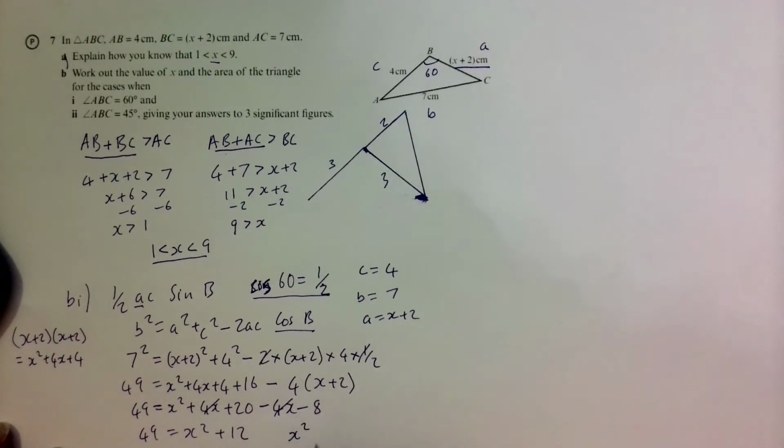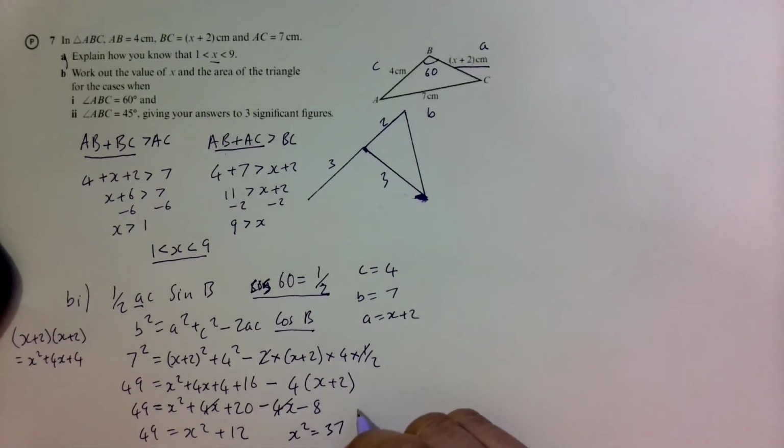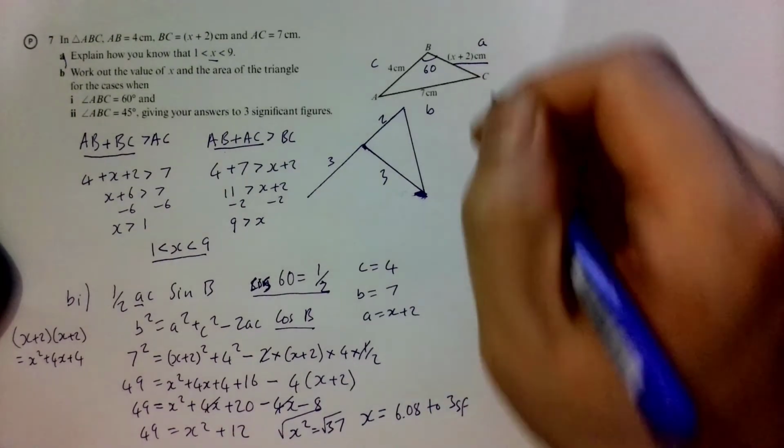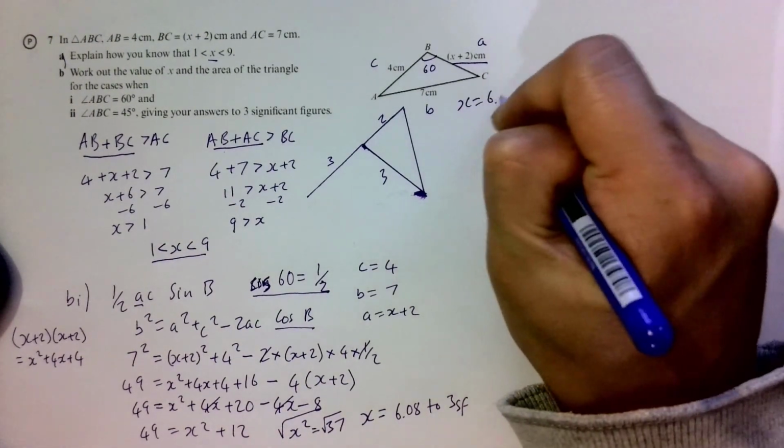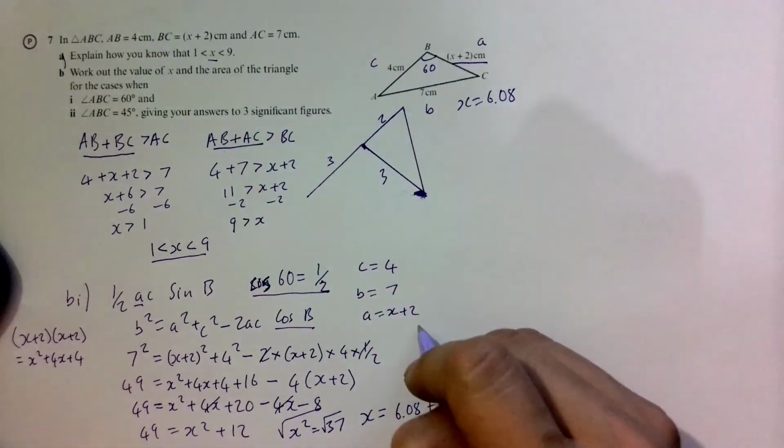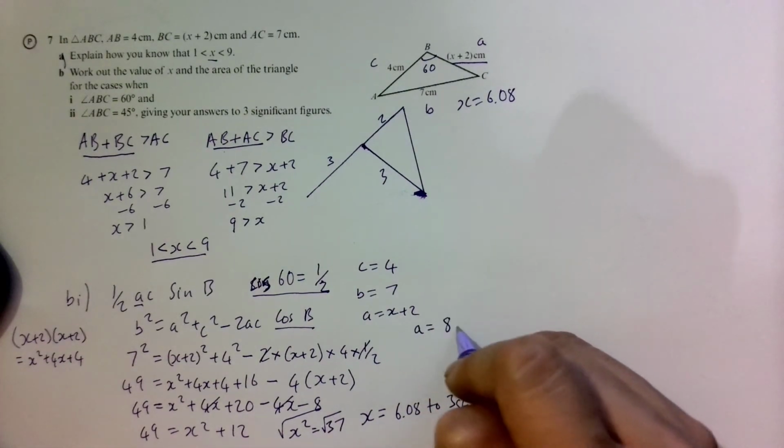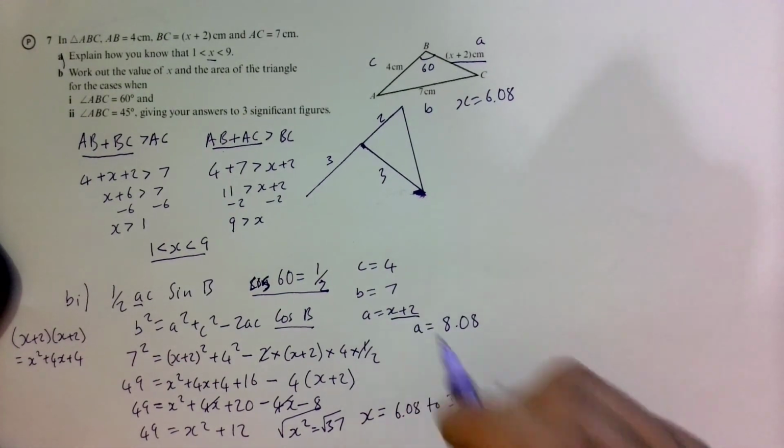So x squared will equal 37. So if we square root both sides, x will equal 6.08 to 3 significant figures. So x equals 6.08, a will equal 8.08 from this here.